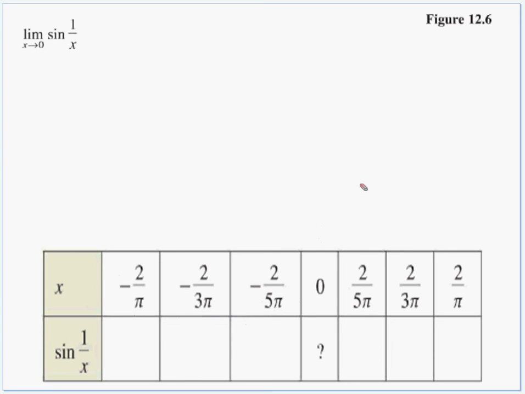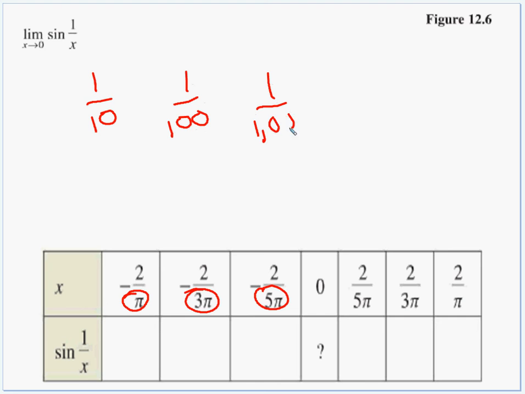Again, those seem odd x values, but notice our denominators are growing. 1 pi, 3 pi, 5 pi. The closer we get, the bigger the denominator gets. Think about a fraction. The bigger the denominator means the fraction is smaller. So here's 1/10, 1/100th, 1,000th.